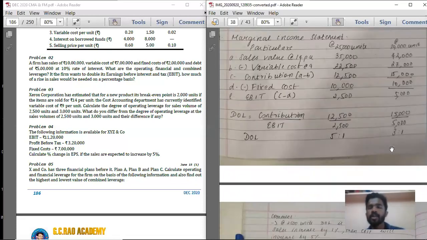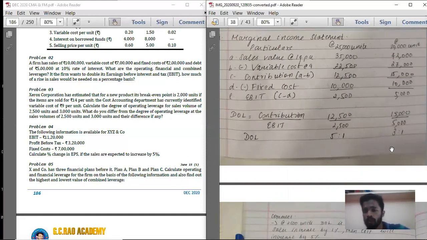Now calculate the DOL for both the units. Below that EBIT, write down the formula first. DOL, that is degree of operating leverage, is equal to contribution divided by EBIT. For the second column, that is 2,500 units, put 12,500 divided by 2,500.